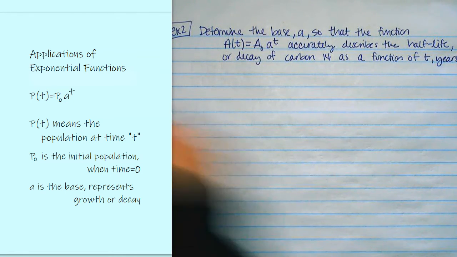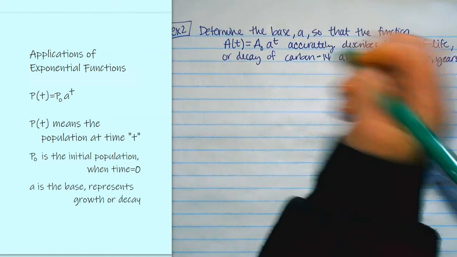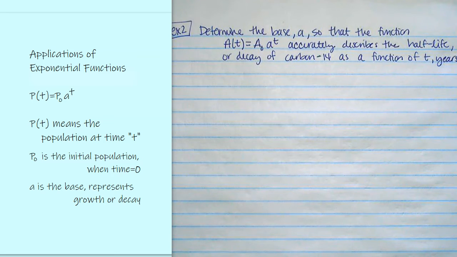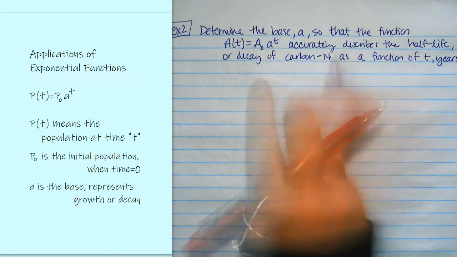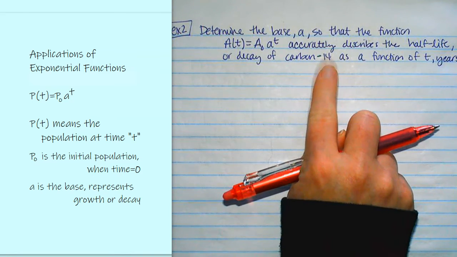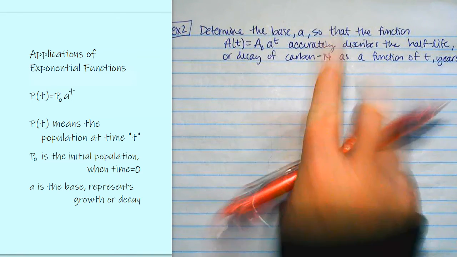So carbon-14 dating is based on the fact that it takes 5,728 years for something to reduce carbon-14 by a half.